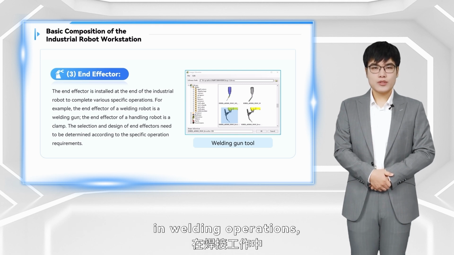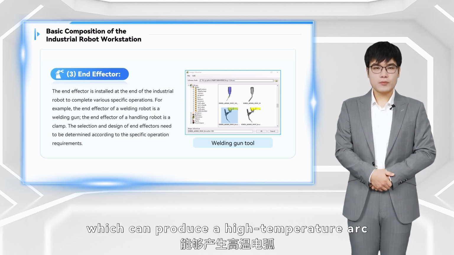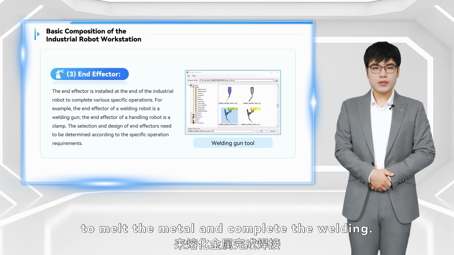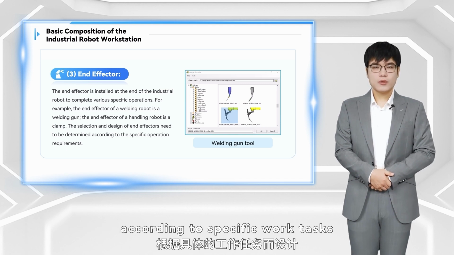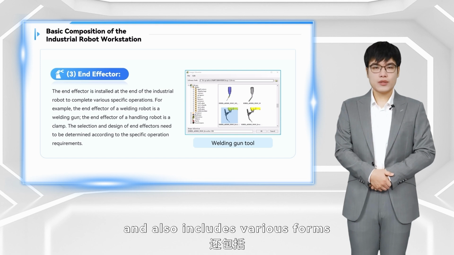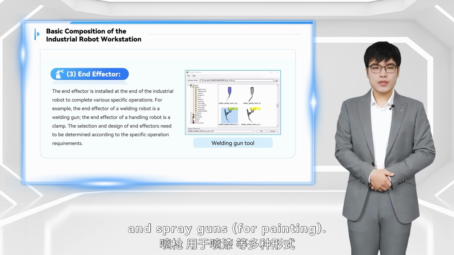In welding operations, the end effector is a welding gun, which can produce a high-temperature arc to melt the metal and complete the welding. The type of end effector is designed according to specific work tasks and also includes various forms such as vacuum suction cups for absorbing flat objects and spray guns for painting.